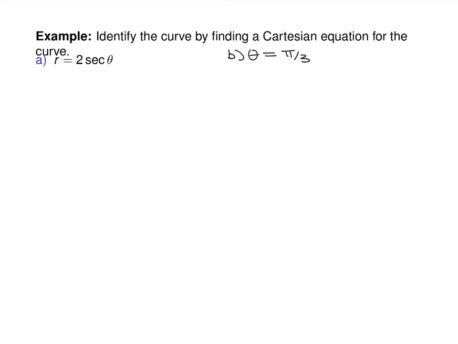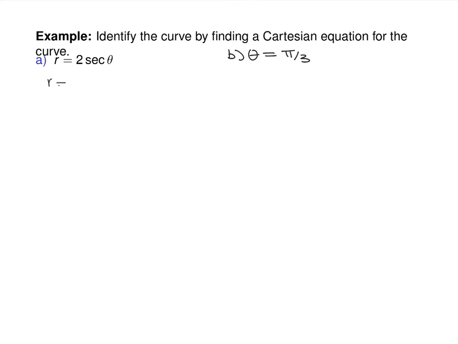The next thing we will do is look at how the representation of functions can look quite different in this polar system versus the Cartesian system. So the question is, in the polar system, what would r equals 2 secant of theta look like? And it turns out that this is a pretty simple equation in the Cartesian system.